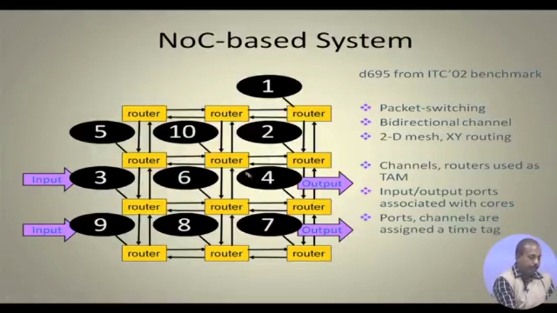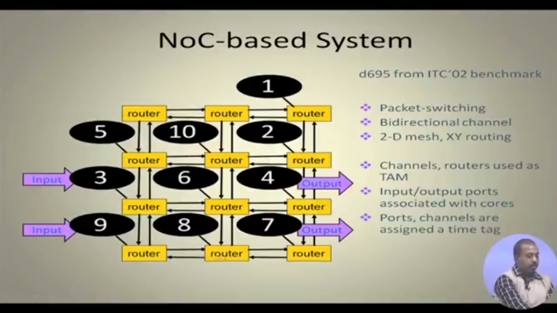For this entire operation, the routers that were needed were this one, this one, then this router, and again for the response. So, only these 4 routers were utilized and these links were utilized for doing the testing. At that time, if we were trying to test core number 8 through the other channel, that is very much possible, because from 9 we can send the test pattern.